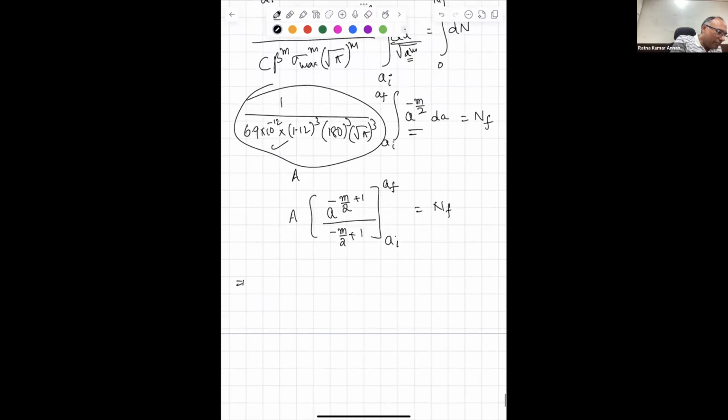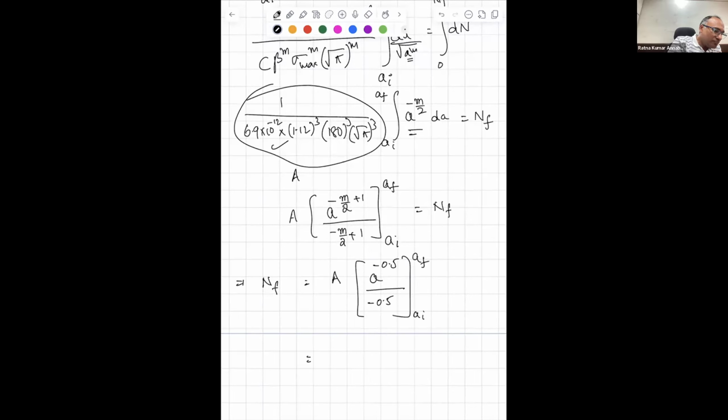That implies number of cycles to failure is equal to capital A times a power minus 3 by 2 plus 1, that is minus 0.5, divided by minus 0.5 between limits ai to af.